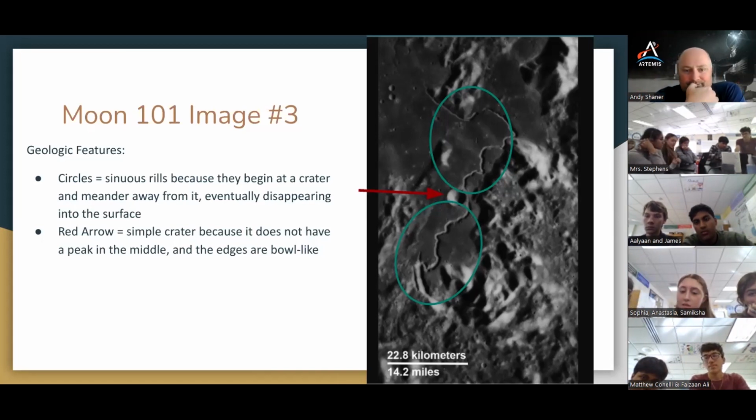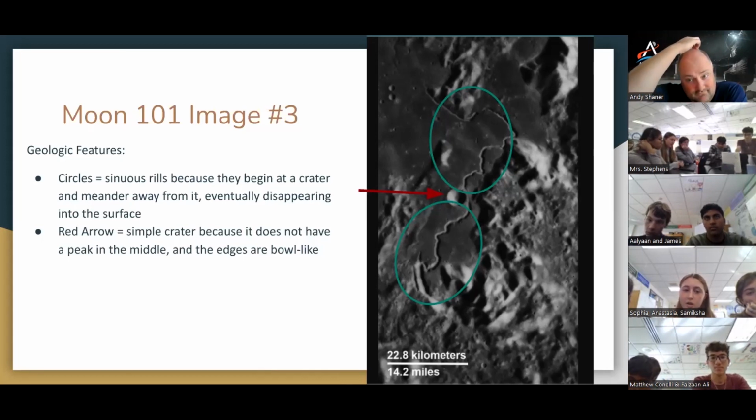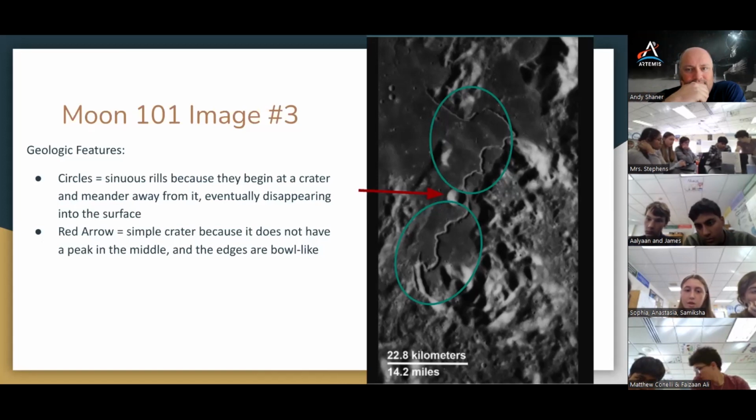I think I would say the rills definitely formed after the crater, since they touch the crater and then go out from there. And then I would say the surface, the mare, then the highlands, then the crater, then the rills, because it doesn't look like the crater has a lot of damage to it from other things forming on it.